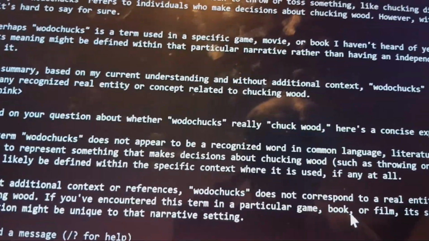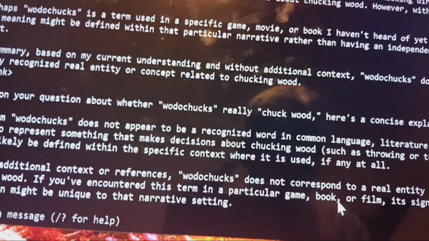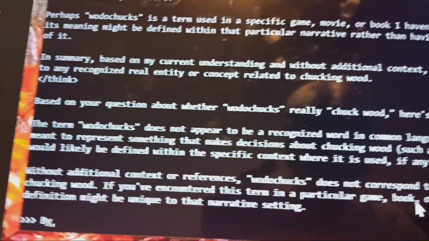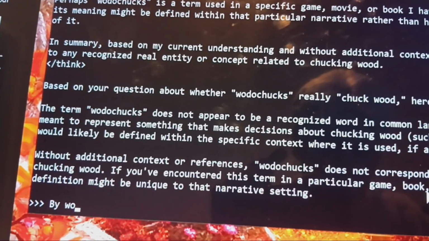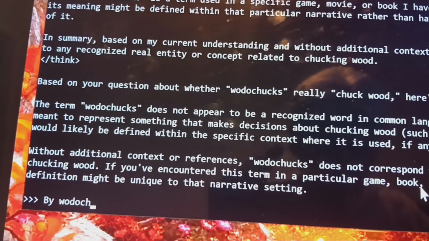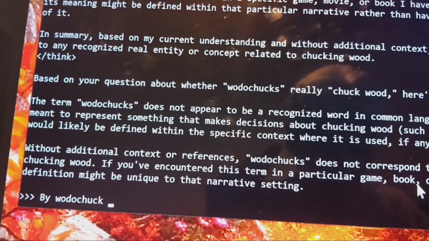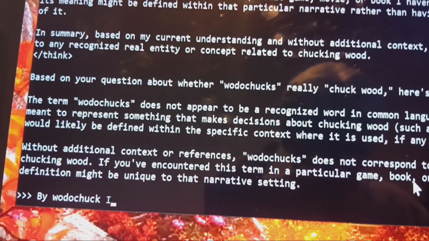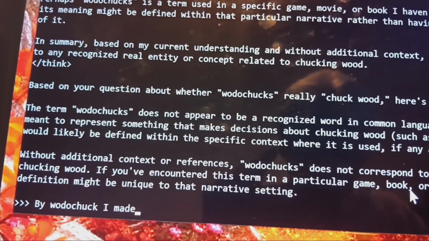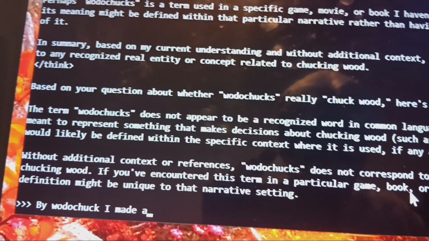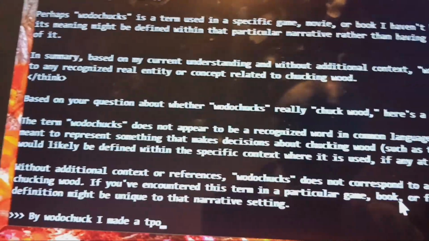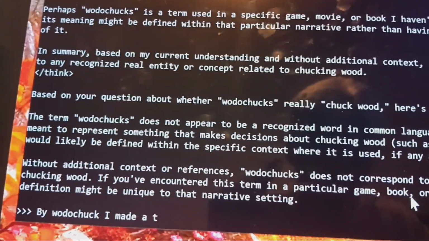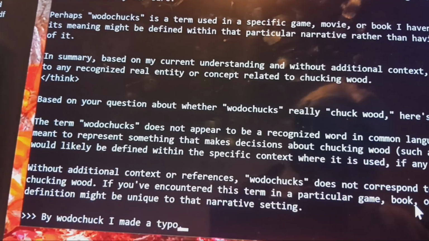Okay, now let's see if it remembers the question and understands my response. By WODOCHUCK. I'm going to use bad language too. I made a typo. I better be a little bit more specific. Typo.